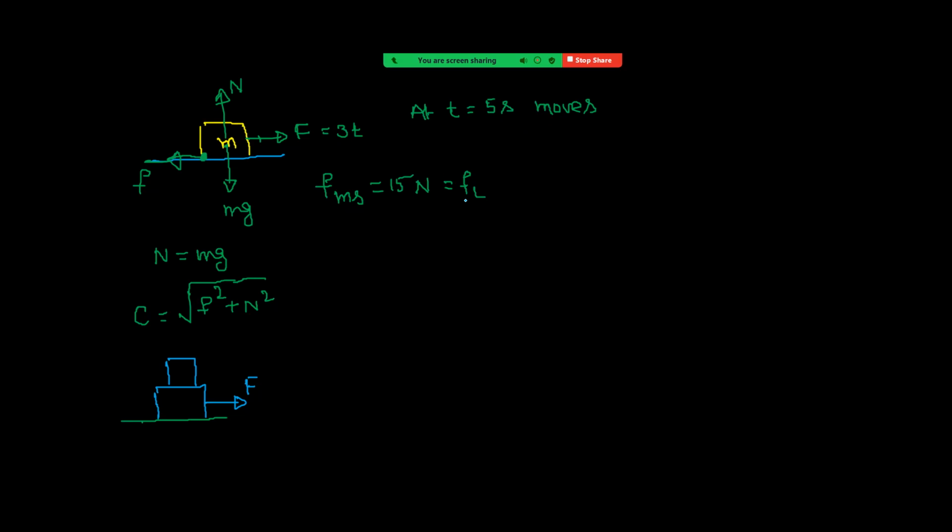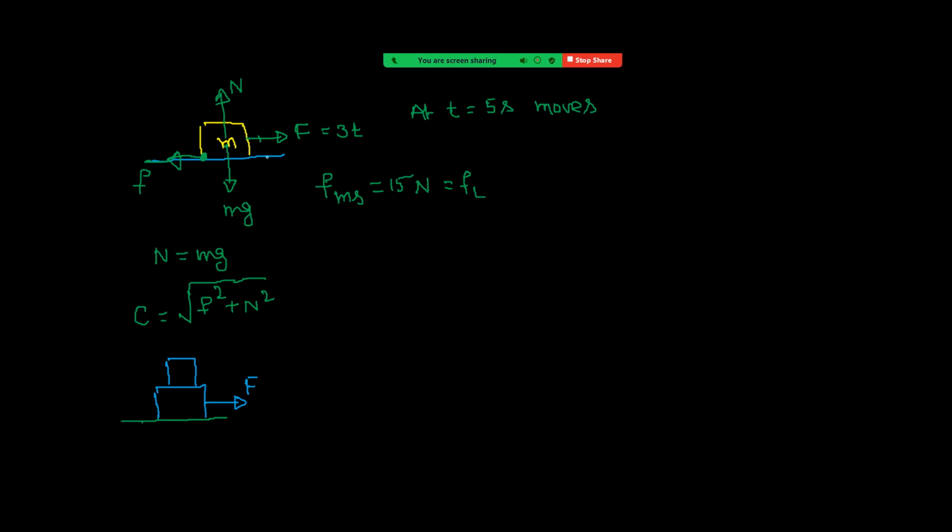This is called limiting friction. If you apply force slightly greater than 15, the block comes into motion. Then that friction is called kinetic friction or sliding friction or dynamic friction.